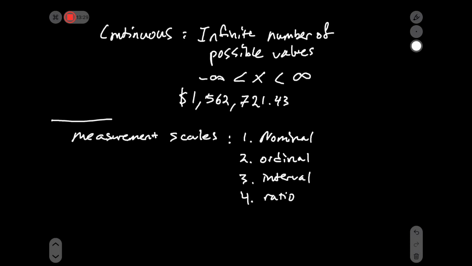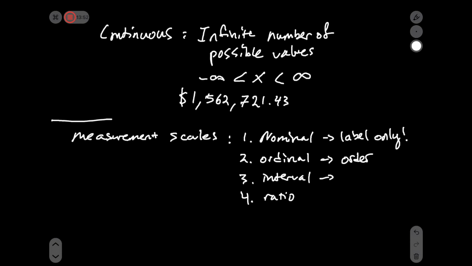Now keep in mind, nominal is just a label only. Ordinal also has a labeling property to it, so to speak, but it's also got an intrinsic order.